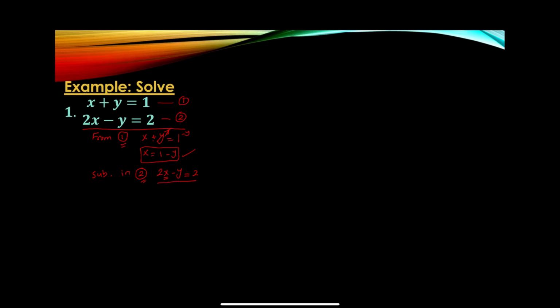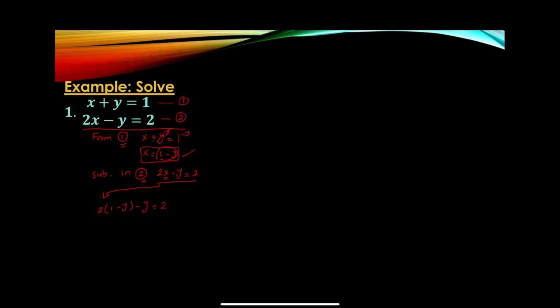So this can be written here as 2 instead of x, 1 minus y. So I substituted x with 1 minus y, and then I'll continue minus y is equal to 2. Now what I want you to notice here, we have a linear equation in only one variable, which is y. Can we solve it? Yes.